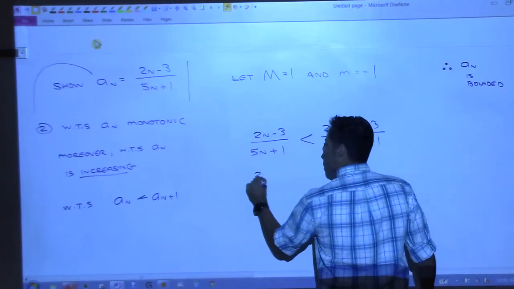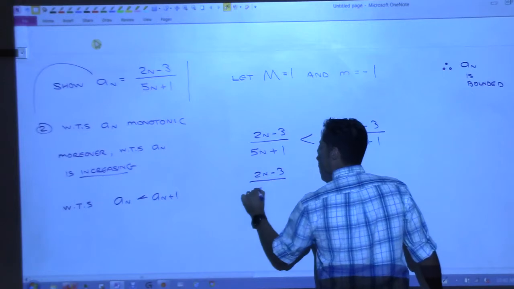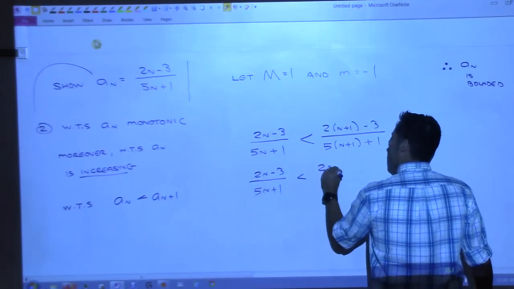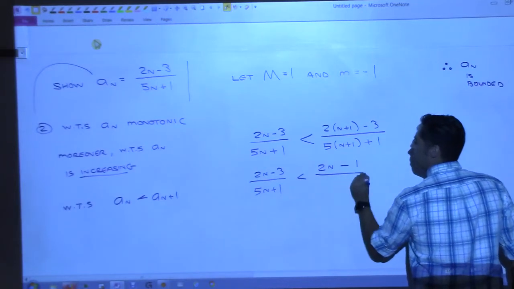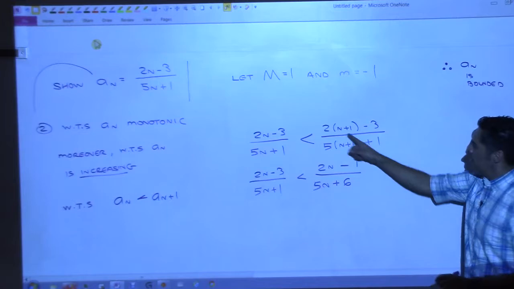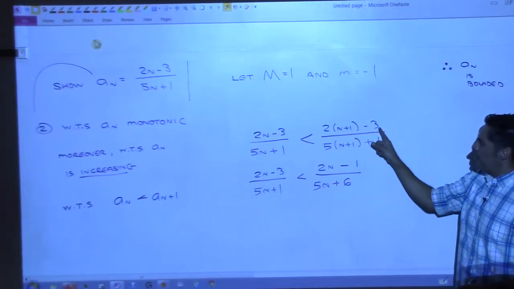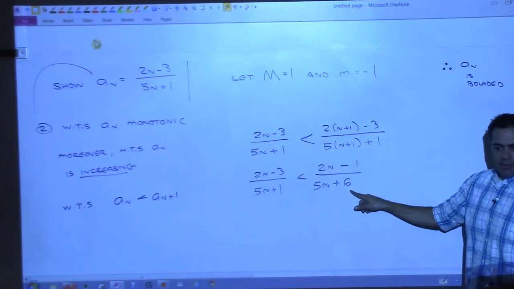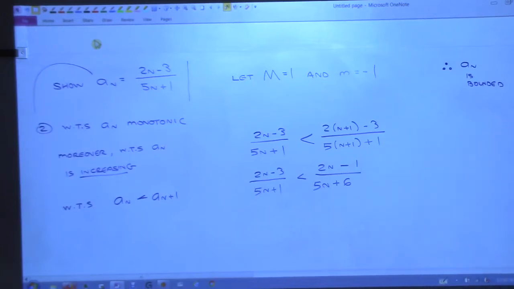Yeah, let's clean it up. (2n minus 3) over (5n plus 1), less than (2n minus 1) over (5n plus 6). I'm going fast here. 2n, 2 minus 3. So that means minus 1. Then 5n plus 5 plus 1 is that. I'm running out of time.